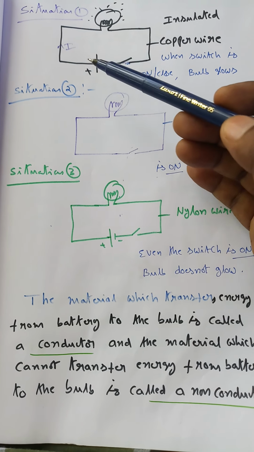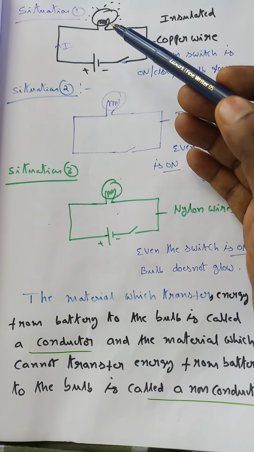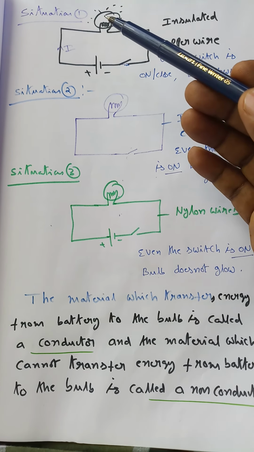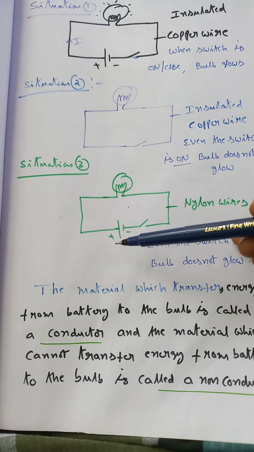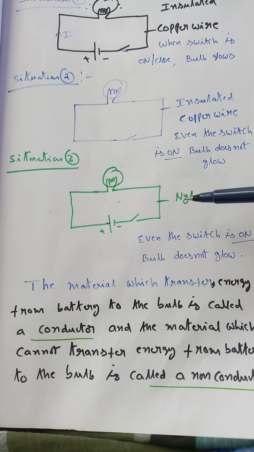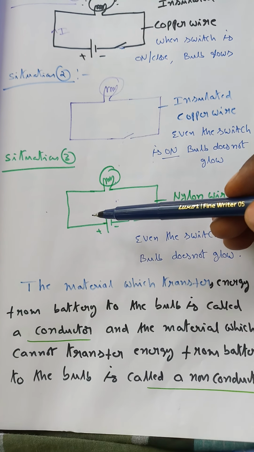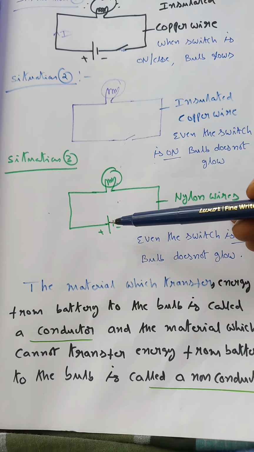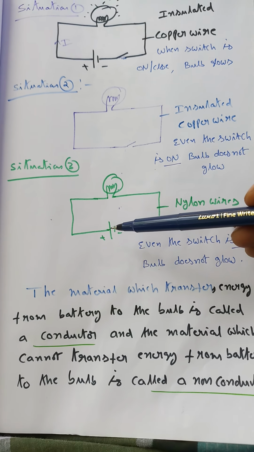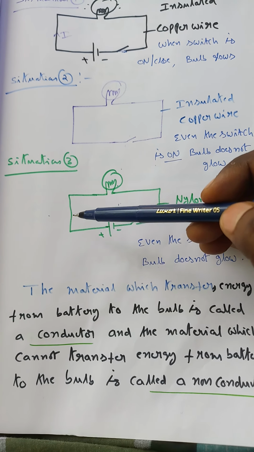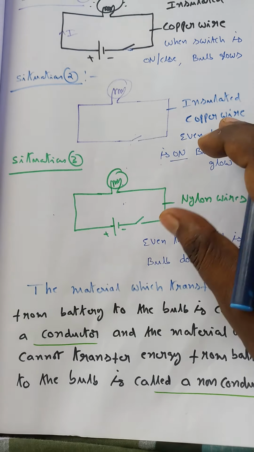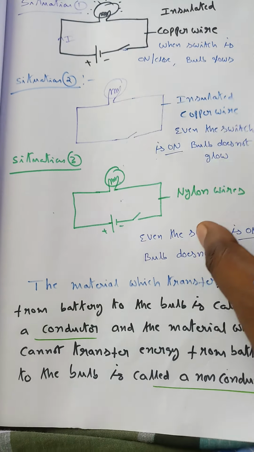This copper wire can transfer the energy from the battery to the bulb, so that's why the bulb glows. But here we used nylon wires. These nylon wires don't have any free electrons in them, so nylon wires do not transfer the energy from the battery to the bulb. That's why the bulb does not glow.